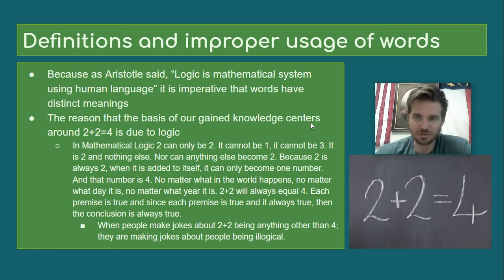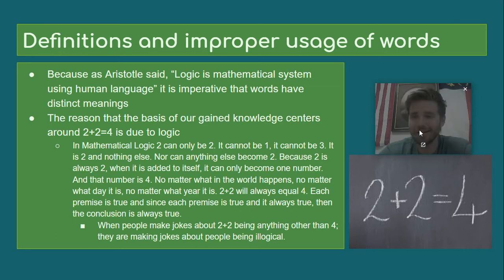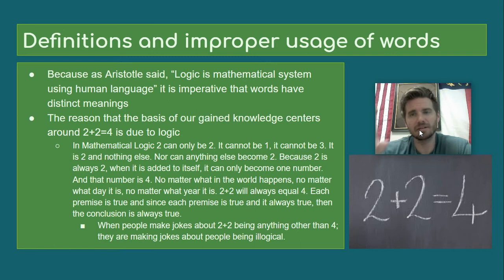If you Google 2 plus 2, seriously, I did this a little bit ago looking for this little graphic right here, the most popular thing on Google was 2 plus 2 equals 5. And there's people trying to explain that.